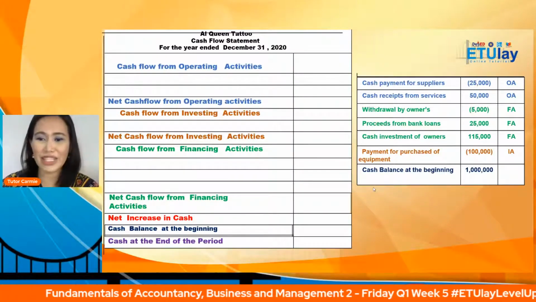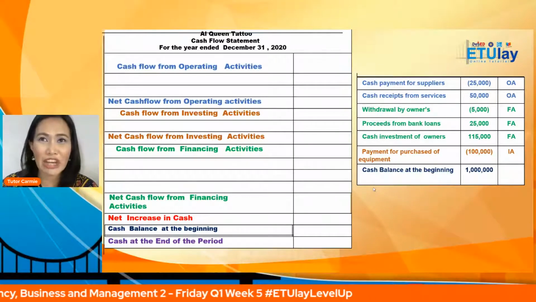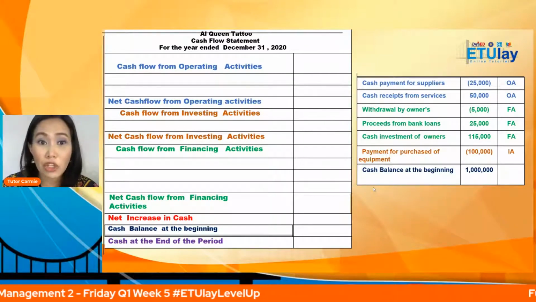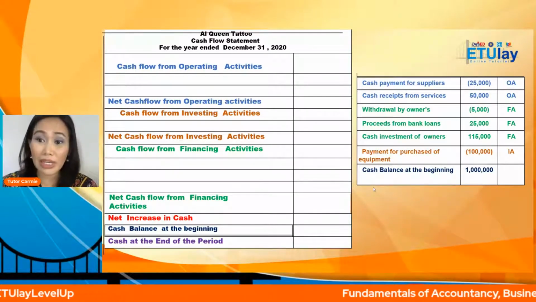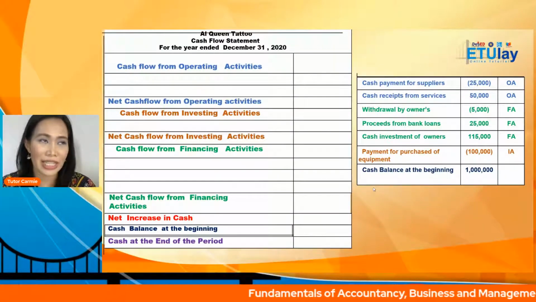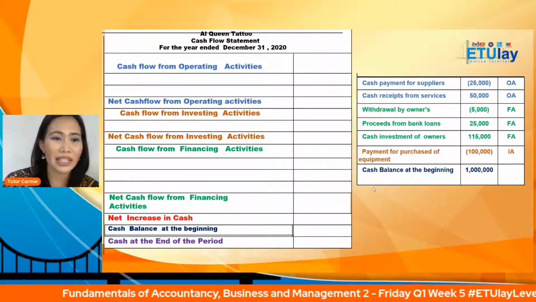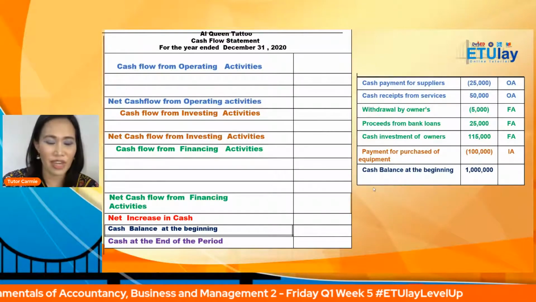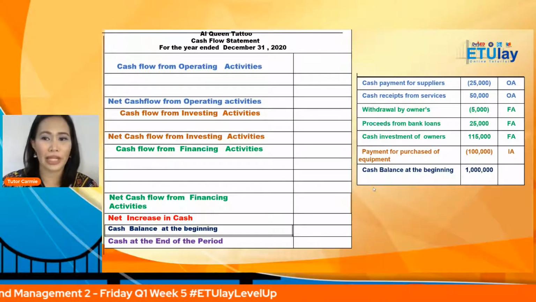So, yung cash balance at the beginning is actually given. Ibig sabihin po, at the beginning of the year, meron siyang 1 million pesos. So, anong gagawin natin dito? Well, na-identify na po natin, na-classify na po natin kung ano yung mga activities sa operation, sa investing, sa financing, ilalagay lang po natin, isusupply lang po natin siya.